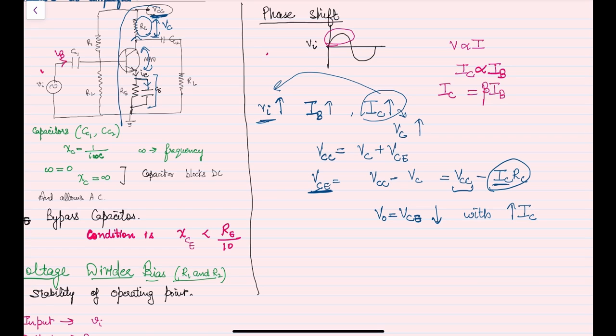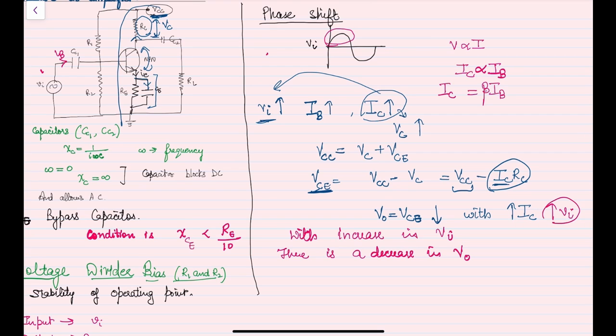So at the end, what we have concluded is that with an increase in Vi, that is the input signal, there is a decrease in V output, that is our output signal, because IC is increasing as Vi increases.